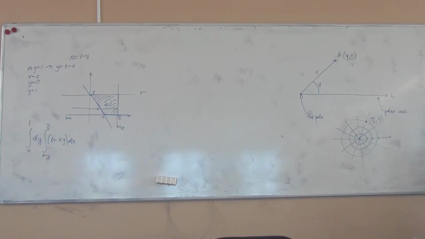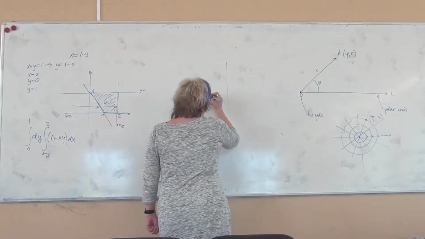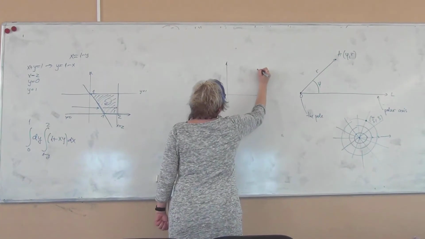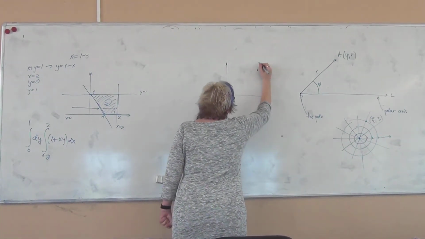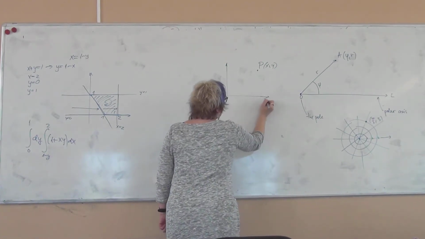So this is how we define polar coordinates, and now the big question is, how can we use them? We can't use them if we don't understand the connection between the normal Cartesian coordinates and the polar coordinates. So what we need is this connection. Let's suppose we have a point P with Cartesian coordinates x, y.